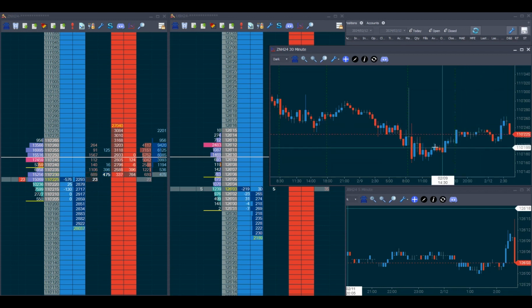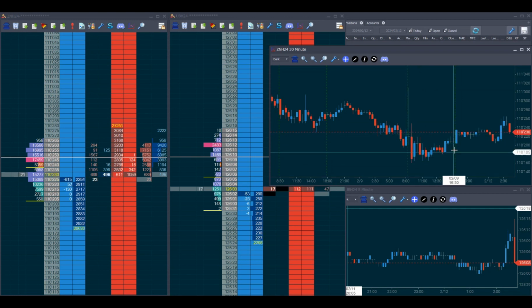Obviously you can see whether the price went up or down. For example, in this case, if the candle is blue, the market opened at this price and went up in that specific time period. So this is a 30-minute chart.